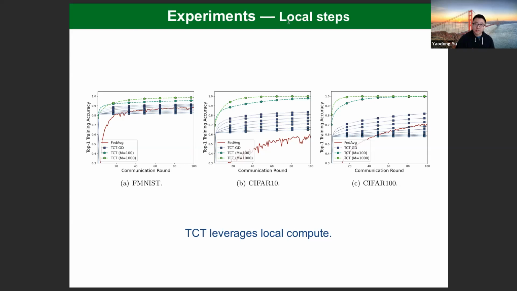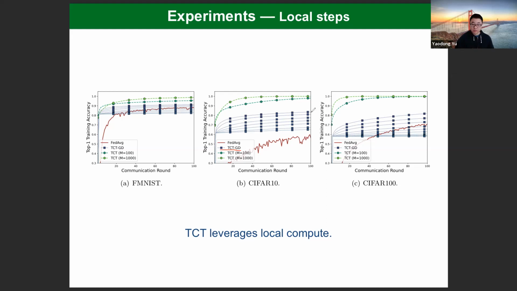Here the baseline is, instead of doing SCAFFOLD, we compute the full gradient across all the clients, and one communication round corresponds to one gradient step. There are no local steps here. You're just computing the gradient and aggregating, doing one gradient step.